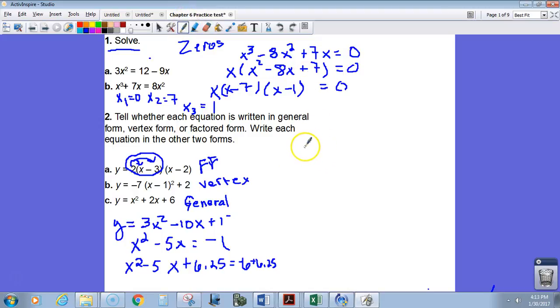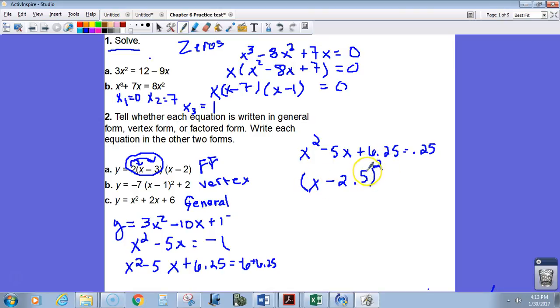So I now have x squared minus 5x plus 6.25 equals just positive 0.25. Then I'm going to change this to be a perfect square. So I have x minus, what was half of negative 5? 2.5 squared.